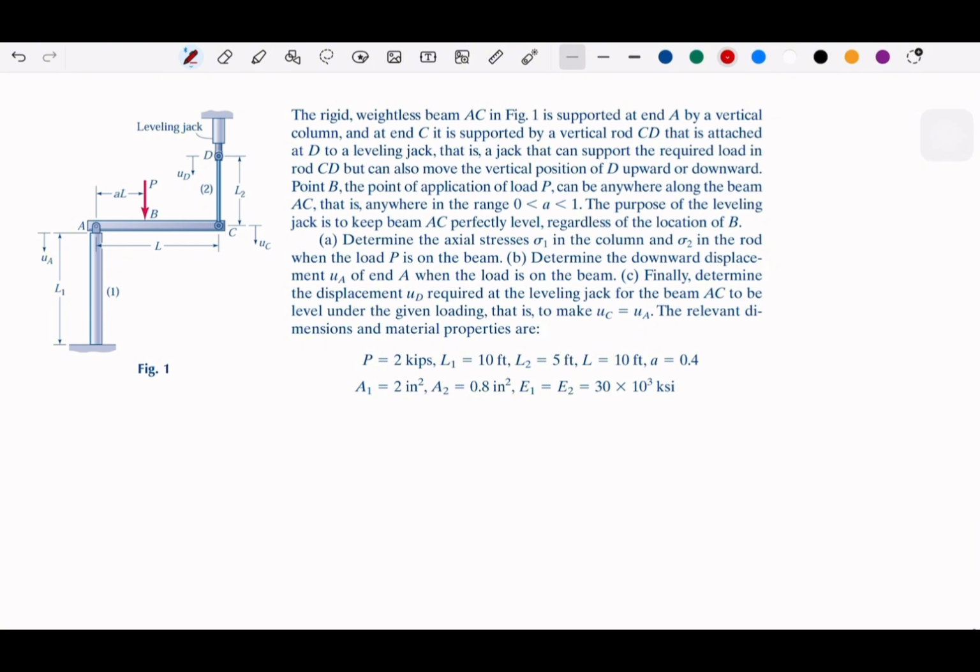And we have point B, where we apply our load P. It can be anywhere along the beam as long as we are in the range between 0 and L.